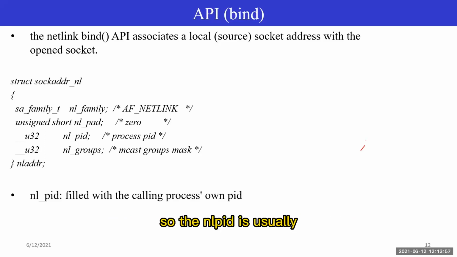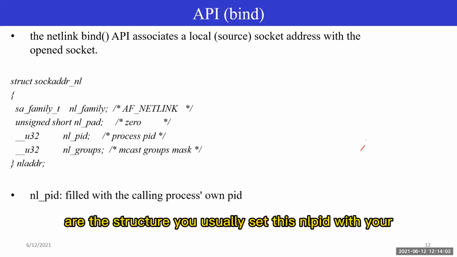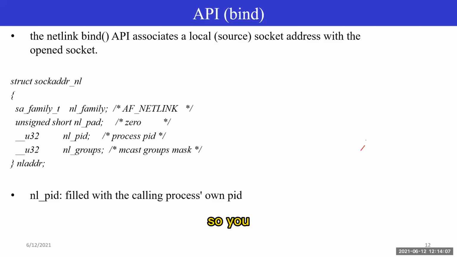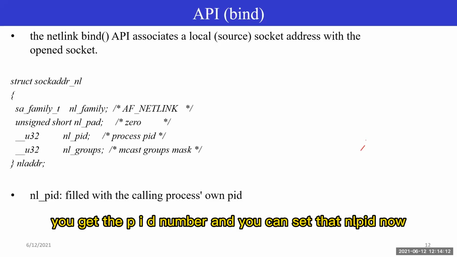The NL PID, when you are filling up the structure, you usually set with the process PID. So you call the getpid API, you get the PID number, and you can set that NL PID number.